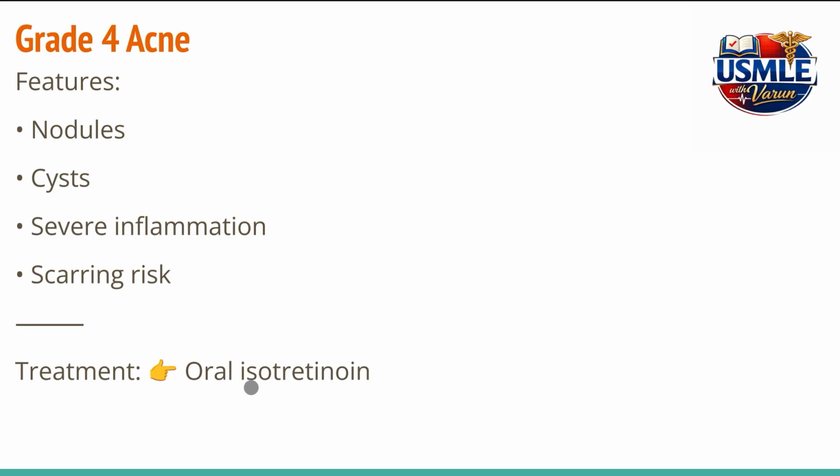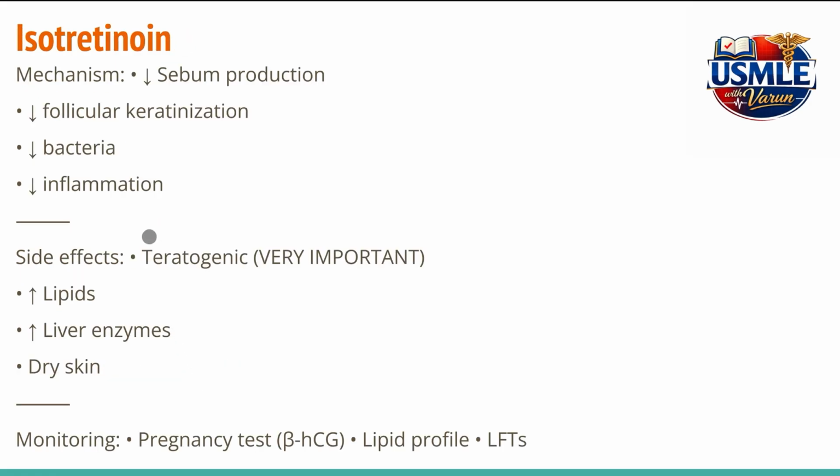It's because it targets all the four mechanisms of acne formation at once. It reduces sebum production, normalizes keratinization, decreases bacterial growth, and also reduces inflammation. That's why it's considered a definitive therapy. But because it is so powerful, it comes with serious side effects like teratogenicity.